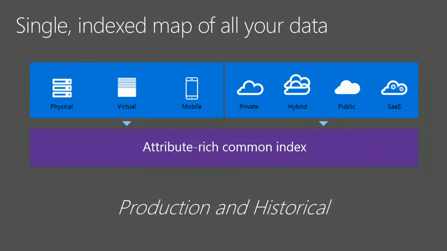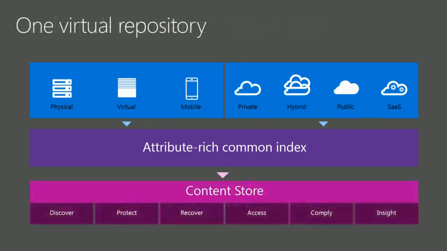What Randy showed you is a very simple concept, but really hard to do, which is to provide you with a single index map of all your data, no matter where it is. That's a very unique capability, as well as providing a virtual repository that can go from cloud to on-premise, across geographic boundaries, across functional and IT boundaries.